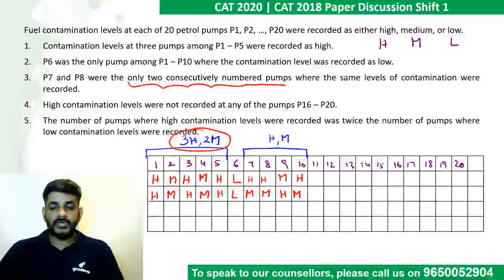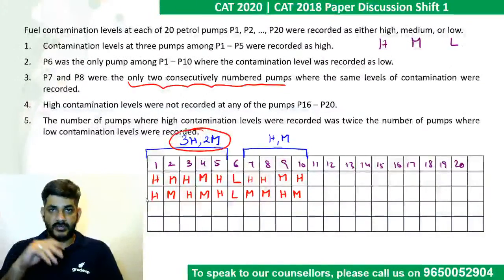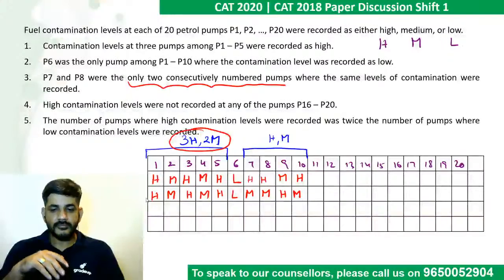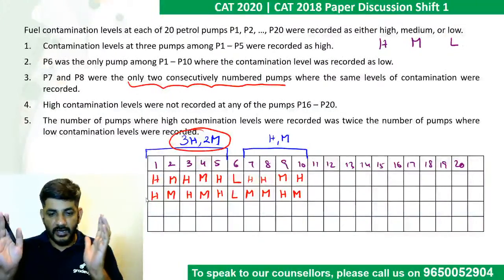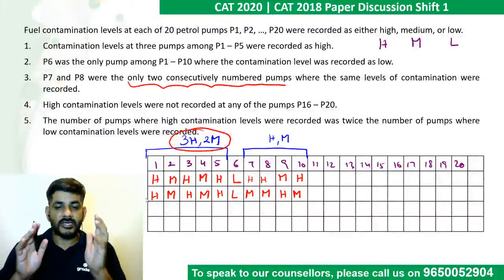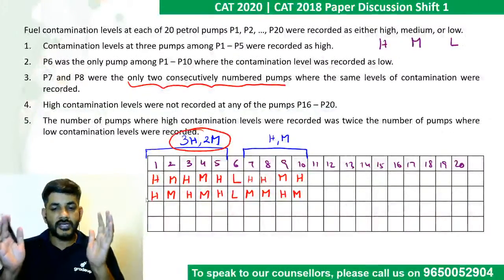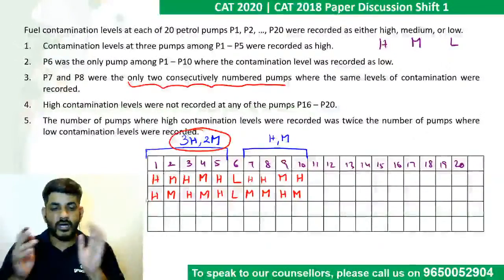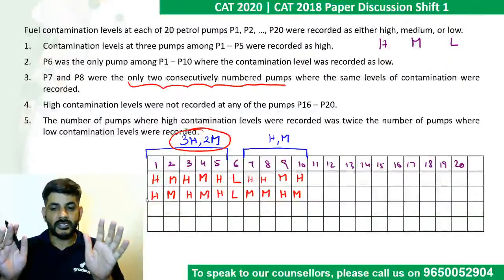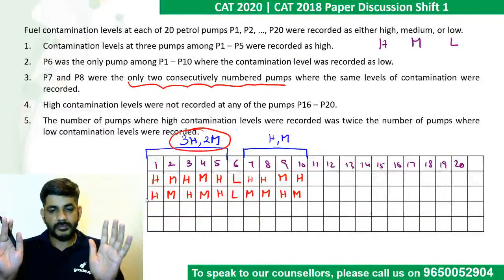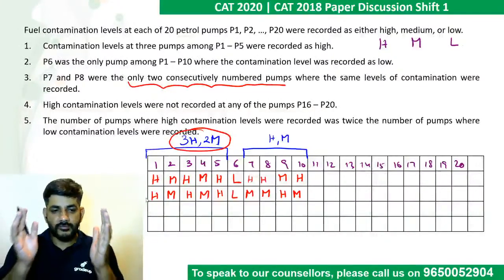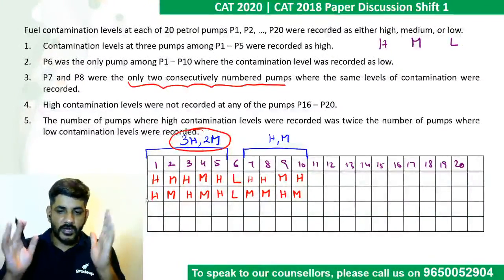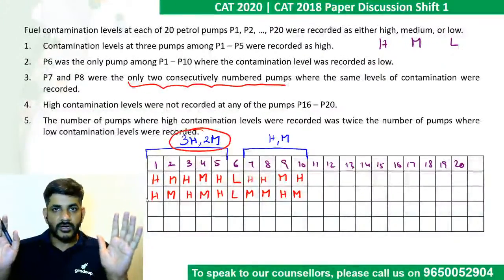The only possibility is that first, third and 5th are high. Second and 4th are medium. 6th is already given to us as low. For 7 to 10 we have 2 possibilities. So I have made both the possibilities here in front of you. So I hope for the first 10 pumps, we have calculated everything and that has been sorted now.